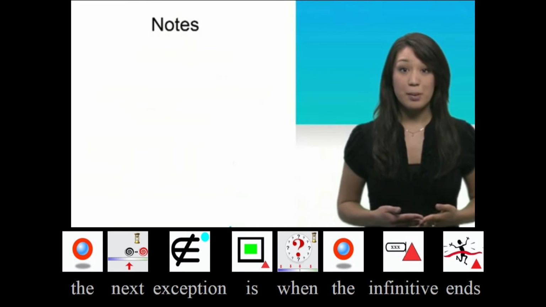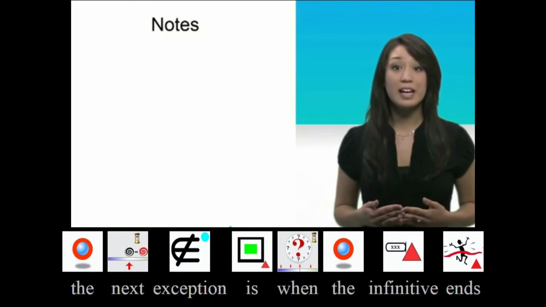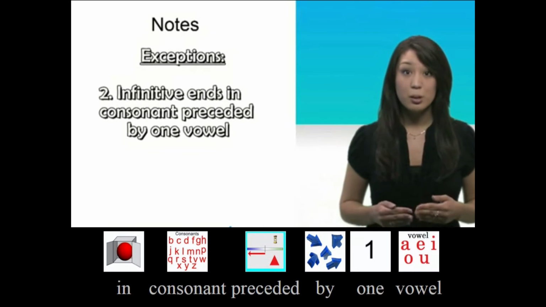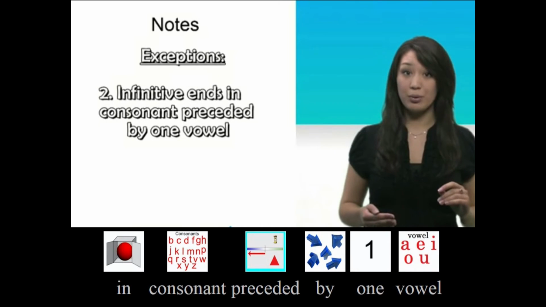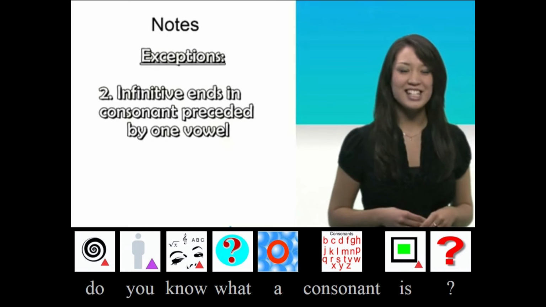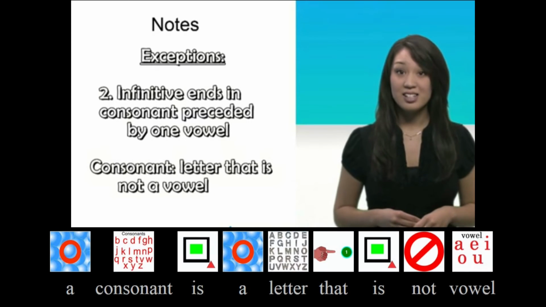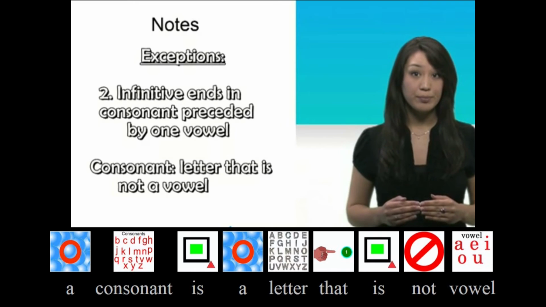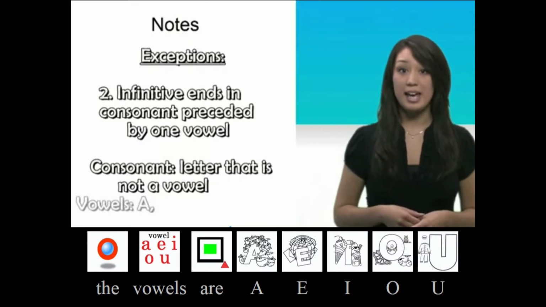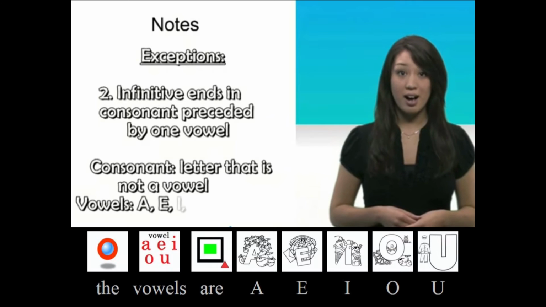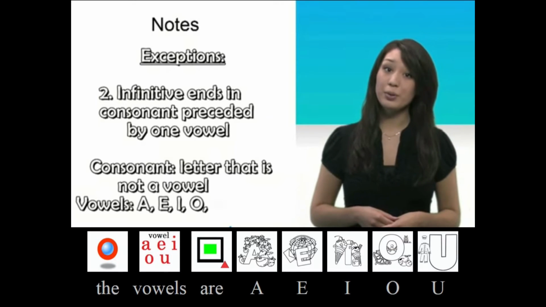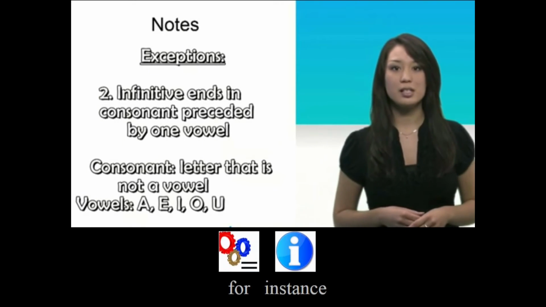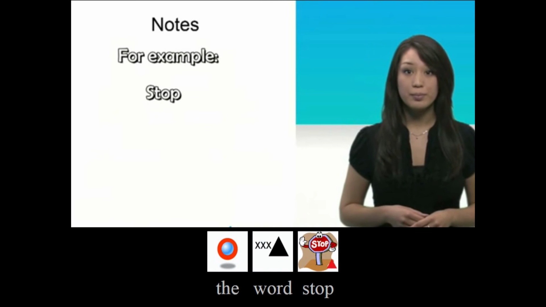The next exception is when the infinitive ends in a consonant preceded by one vowel. Do you know what a consonant is? A consonant is a letter that is not a vowel. The vowels are a, e, i, o, and u. For instance, the word stop.